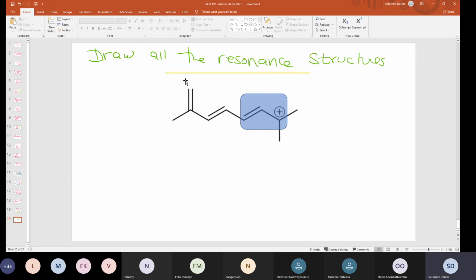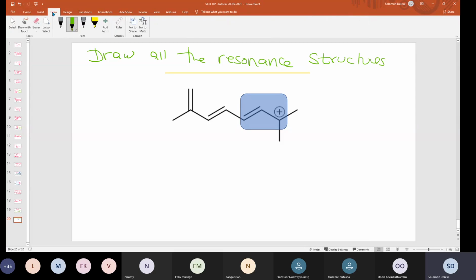I'm not talking about these other double bonds, these other methyls or whatever. Let's just focus on this. Then let me draw the resonance as a result of that. Let me not worry about other things. So if I know how to draw the resonance of that, I can draw all the rest.